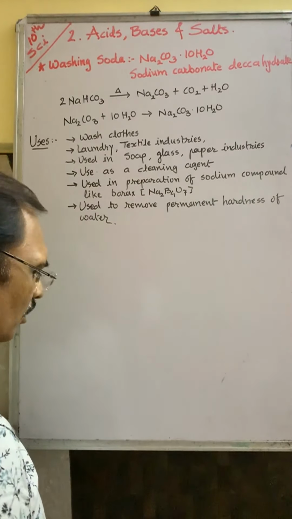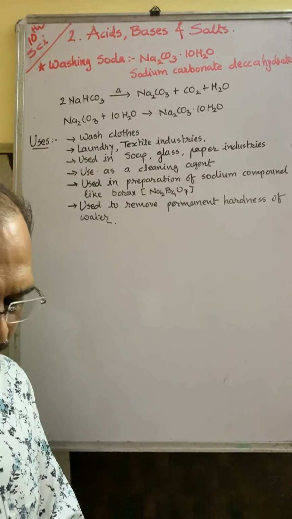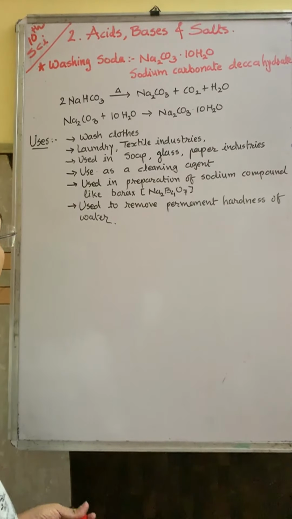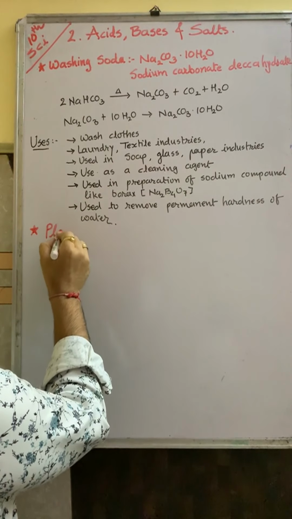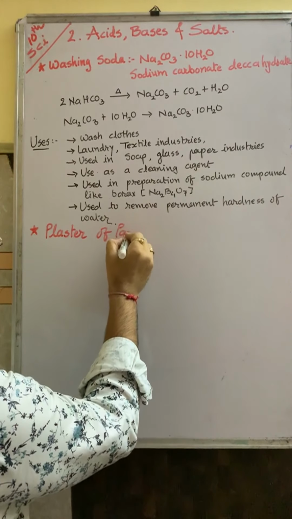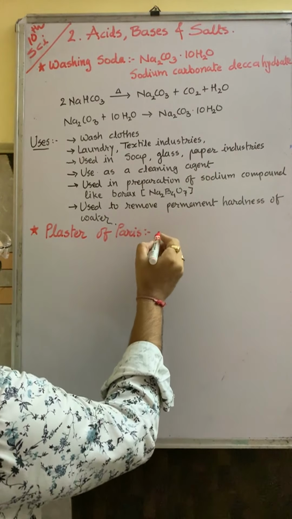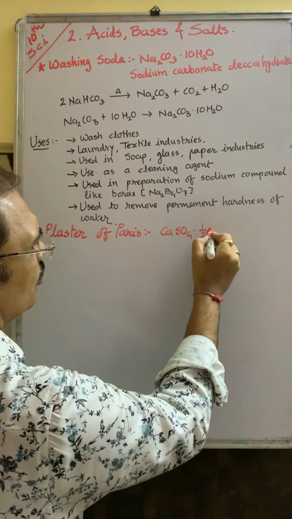Plaster of Paris is also very useful, very well known. When gypsum is heated, see, plaster of Paris, formula is CaSO4·½H2O.